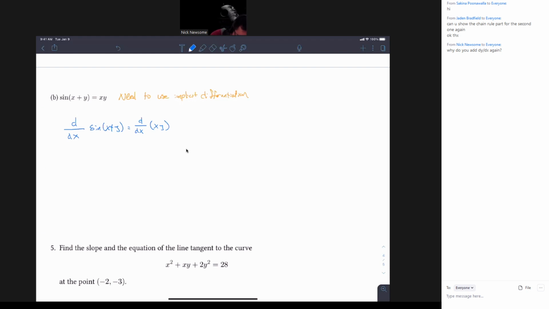The derivative of sine is cosine. And then we take the derivative of the thing on the inside. I'm just going to be super explicit and write everything down. The stuff on the inside is x plus y, so I have to take a derivative of that with respect to x.